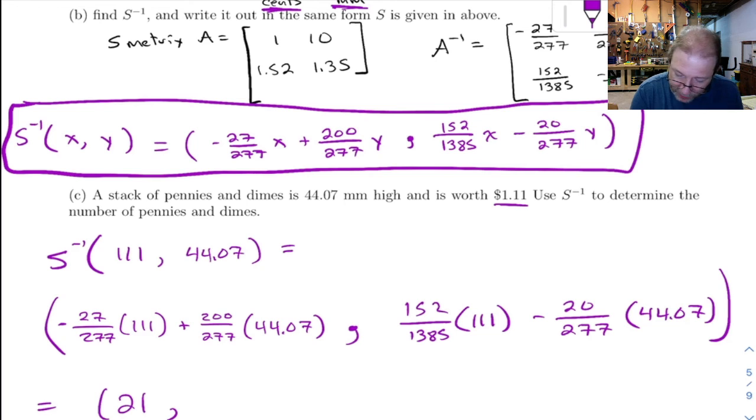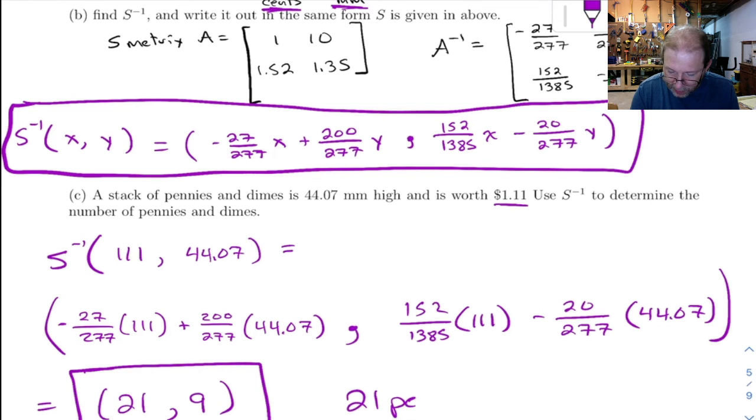All right, and for the other one, 152 over 1385 times 111 minus 20 over 277 times 44.07 gives me 9. So that's 21 pennies and 9 dimes. So what would the value of that be?